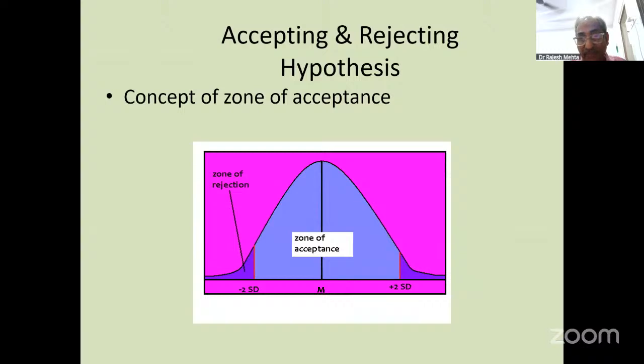Here is the zone of acceptance, plus or minus 2 standard deviations, and the zone of rejection is beyond this plus or minus 2 standard deviations. If the value falls beyond it, the p-value is much less, because this is the zone of acceptance by chance distribution. If it is away from that, there is less chance that it is part of the chance distribution.